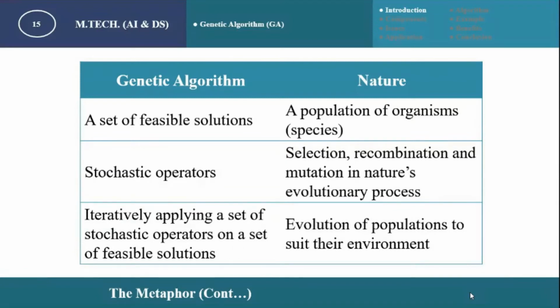Then there is recombination. Recombination is the crossover operator. The crossover, that is recombination, is the reproduction of a particular plant or particular species. In many cases, recombination involves one male organism and one female organism, but in many cases single parent reproduction happens.